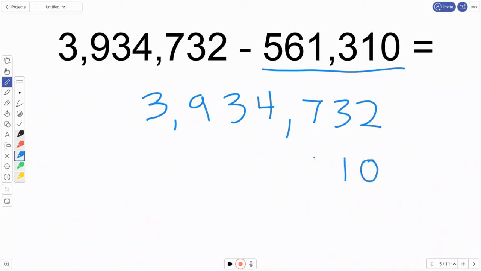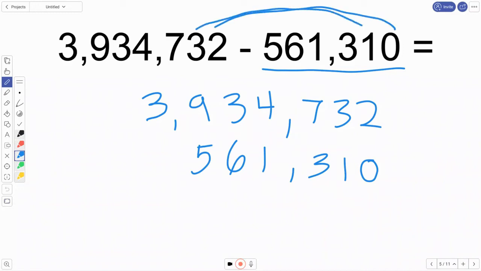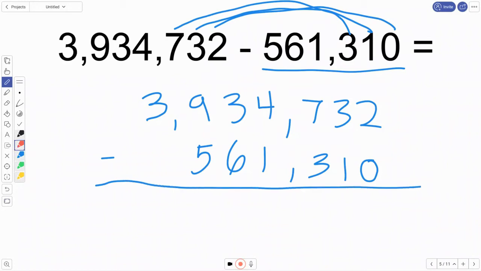Okay, so I'm going to write this number. I kind of like to write it backwards. 561,310, so that the ones places are lined up, the tens places are lined up, the hundreds places are lined up, and so on. Okay, so we have this problem.